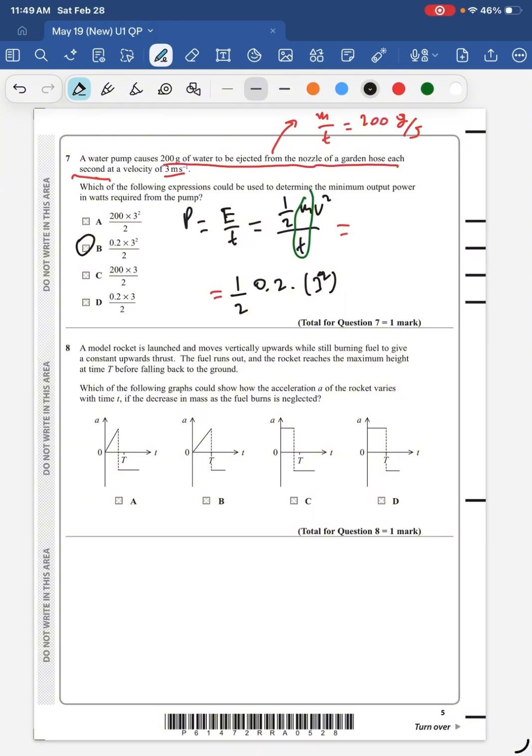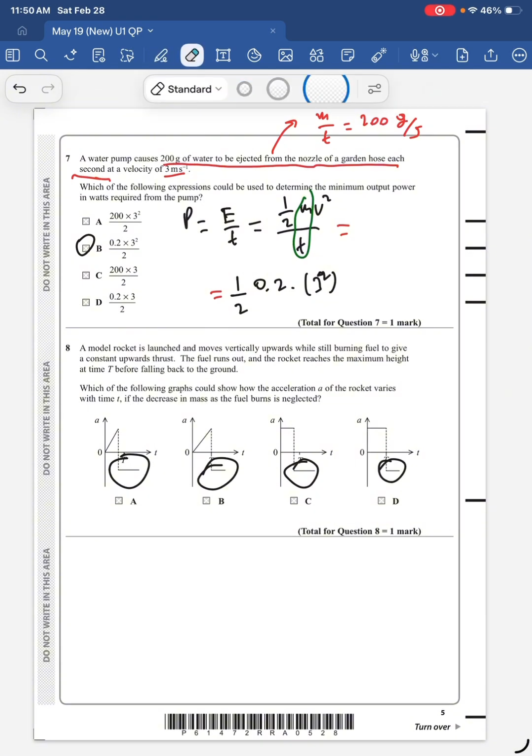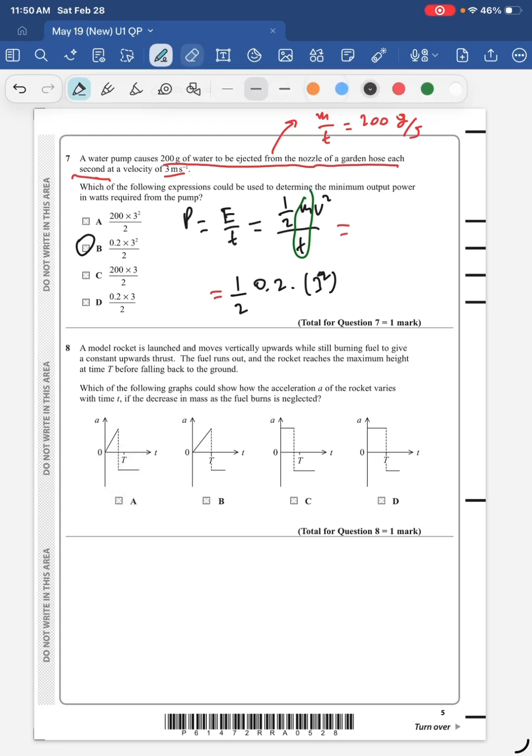So basically they are telling us that when it falls, all the graphs could be correct, because when it falls the acceleration is minus g, the acceleration due to gravity. Now it moves with a constant upwards thrust, which means that the acceleration is constant.